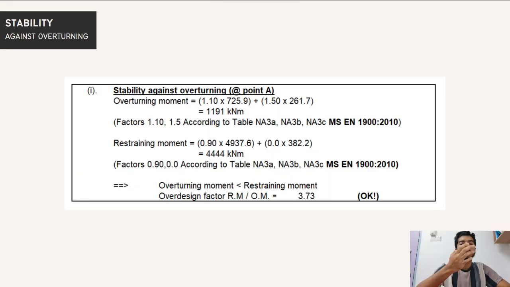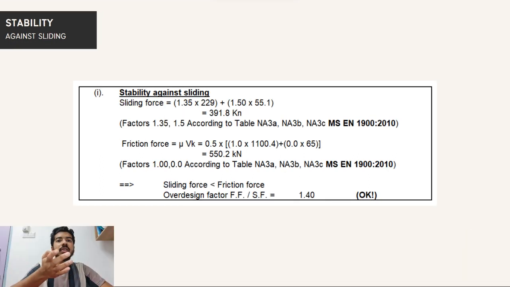Then using the total moment due to the structure and active pressure, we found out that the resisting moment was 3.73 times higher than the overturning moment, hence the structure is safe from overturning. For the stability check against sliding, we compared the factored horizontal load with the factored vertical load multiplied by the friction coefficient, and found out that the friction force is 1.4 times higher than the sliding force. Therefore the structure is also safe from sliding.